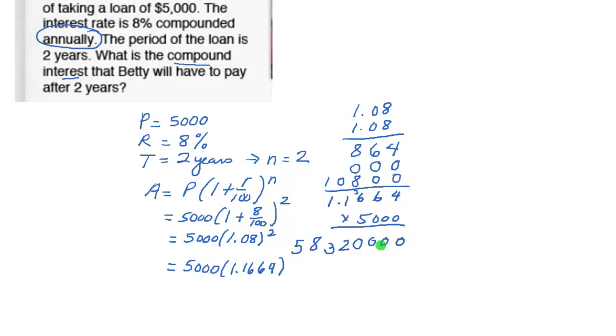And it's 1, 2, 3, 4 decimal places. So $5,832 in the bank, or she's got to pay for her car. And since 5,000 was the original loan amount, when you subtract, that $832 is her interest. Hope that makes sense. Okay.